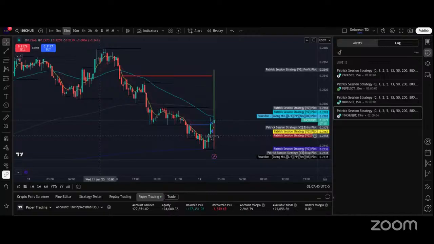Any other combination other than the aqua on the top, the gray in the middle, and the blue on the bottom, which confirms an uptrend, or the blue on the top, the gray in the middle, and the aqua on the bottom, which confirms a downtrend, generally means consolidation. So for me, looking at current price on this particular cryptocurrency, and I'm looking at resistance above where price is on the 50 EMA and the 200 EMA, it may not get there.